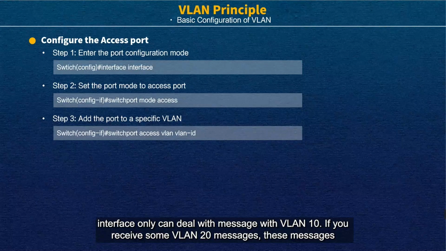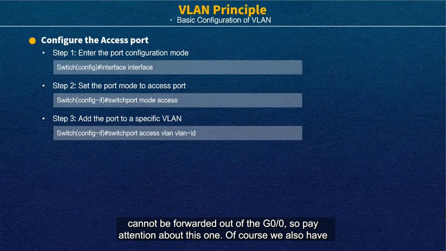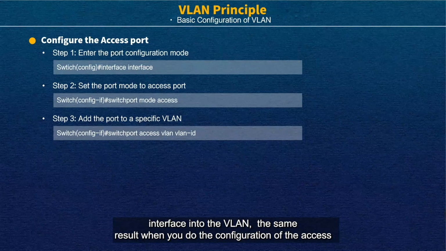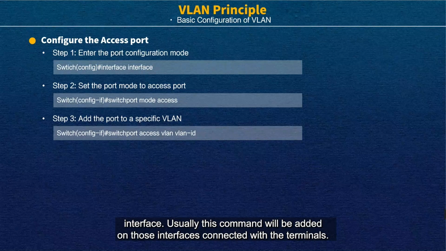If you receive some VLAN 20 message, this message cannot be forwarded out of gigabit 0/0, so pay attention to this one. Of course, we also have another way to configure access. When you create VLAN 10, you can directly add the interface into the VLAN. It's the same process and the same result as configuring the access interface.